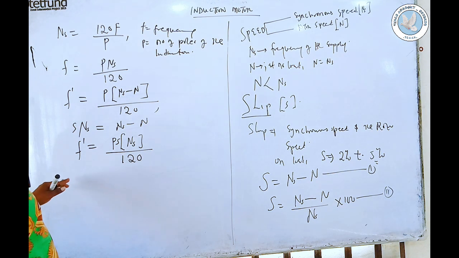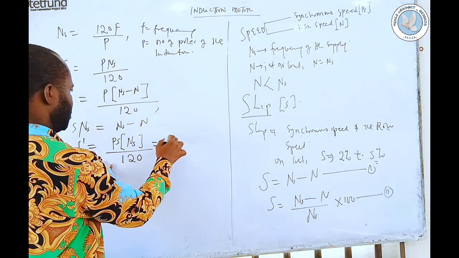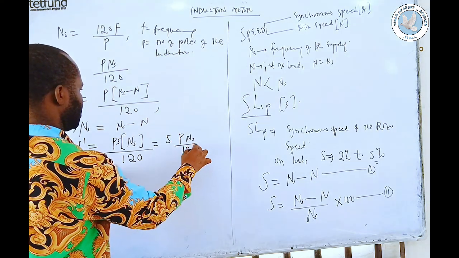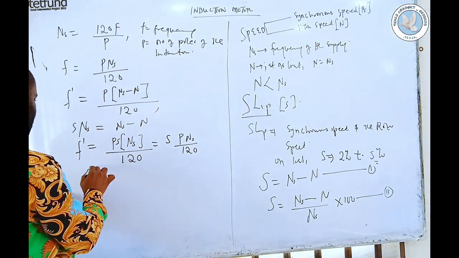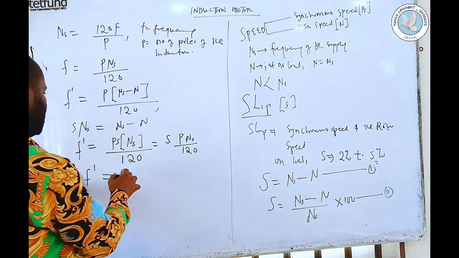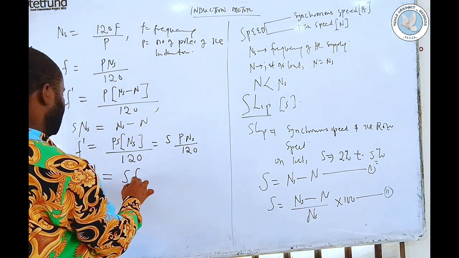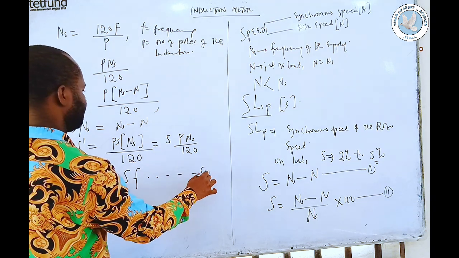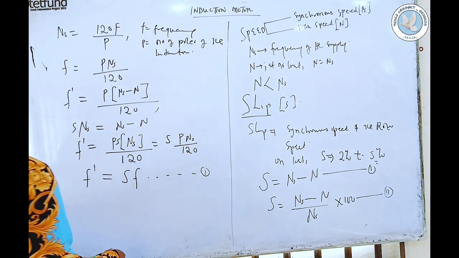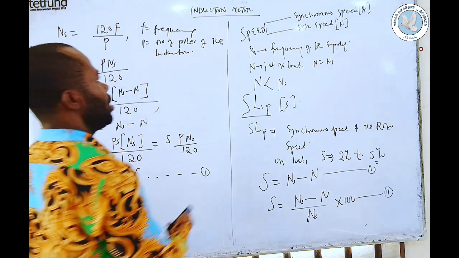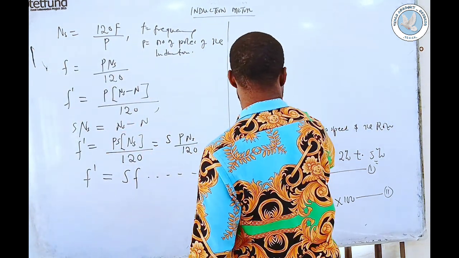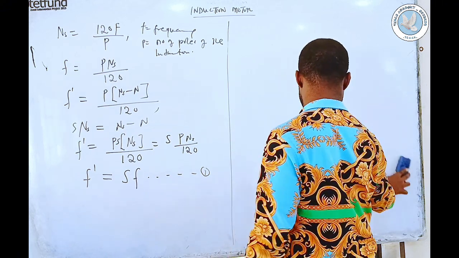So having seen that, this is this divided by 120, hence frequency of rotor is actually equal to s times the frequency of the line. So please take note of that.